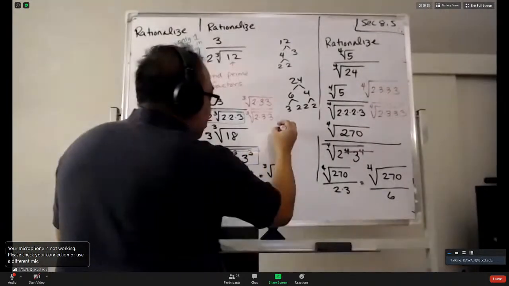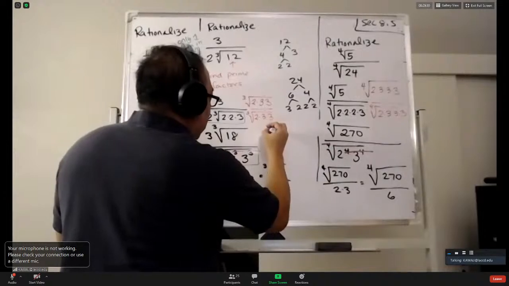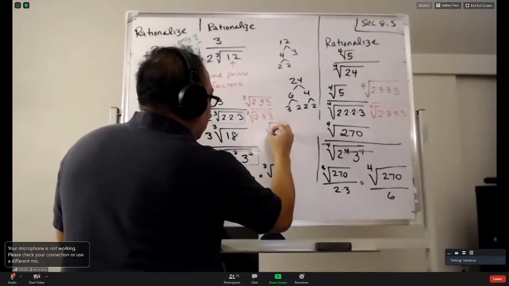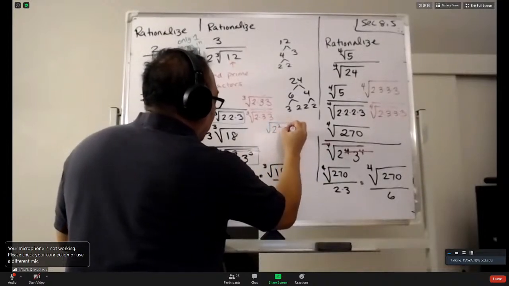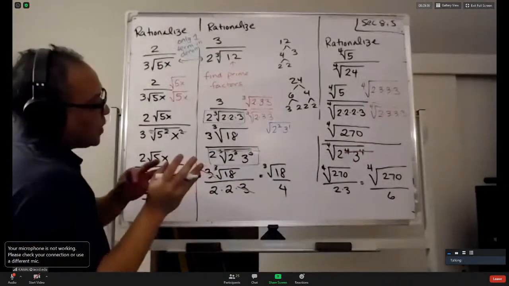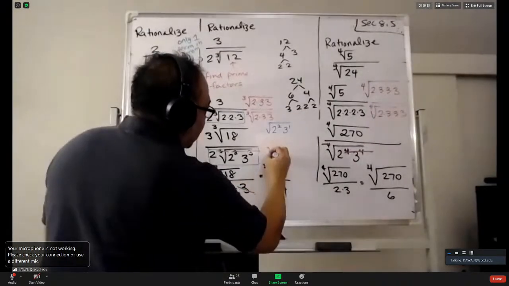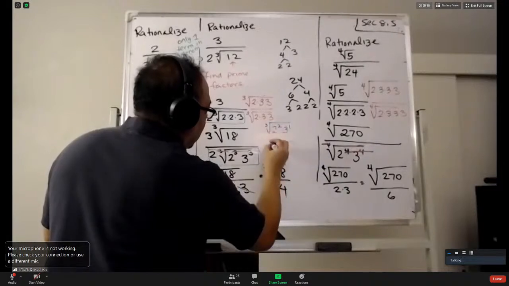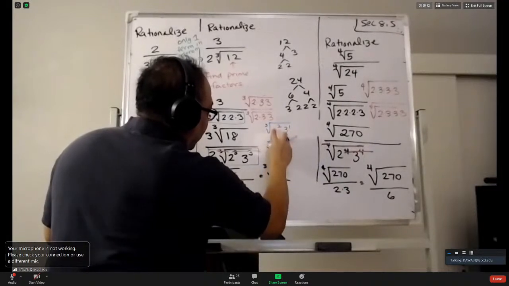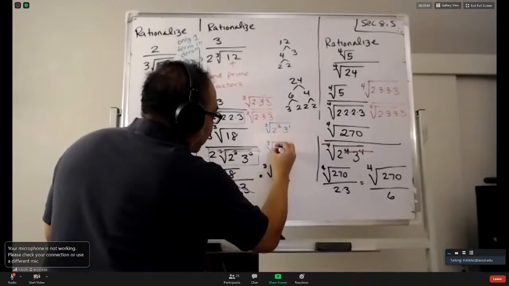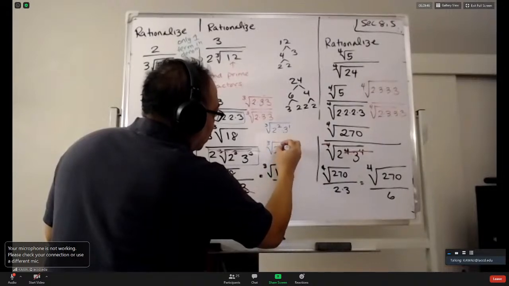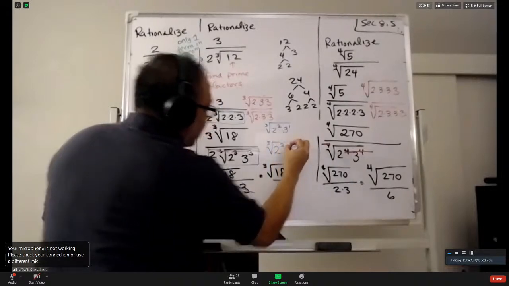Okay. So what I currently have when I'm over here is 2 squared, 3 to the 1. What I want to get to is 2 cubed and 3 cubed. This is my goal.